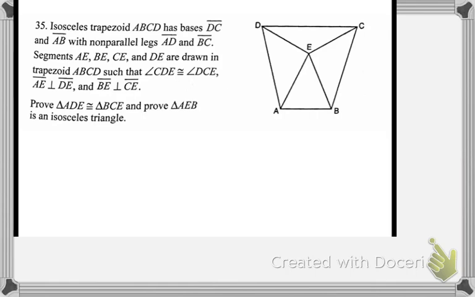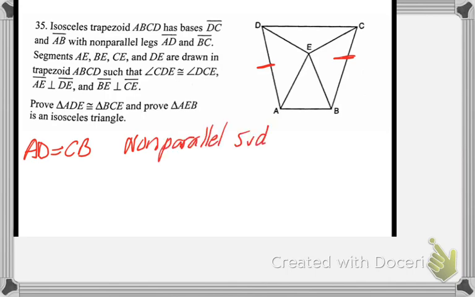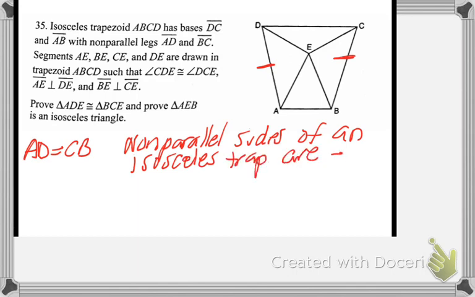Okay, so you're told that this is an isosceles trapezoid, and that would mean that AD is equal to CB. So let's write that up. AD equals CB, and the reason is because non-parallel sides of an isosceles trapezoid are equal.